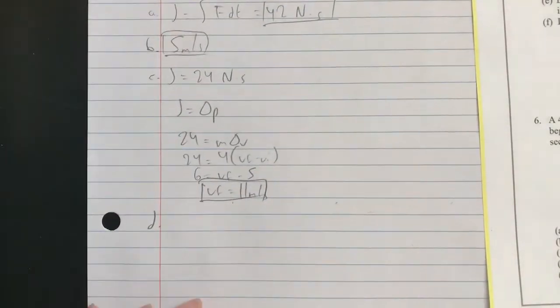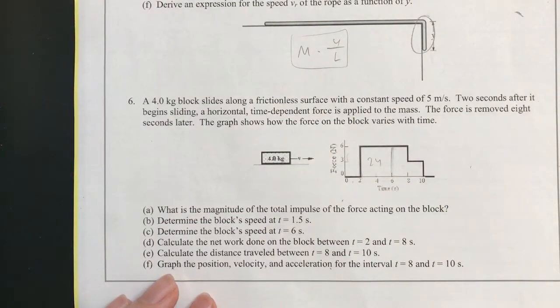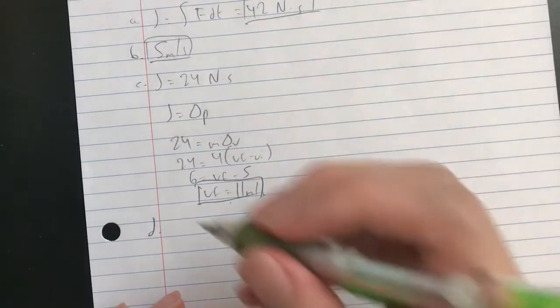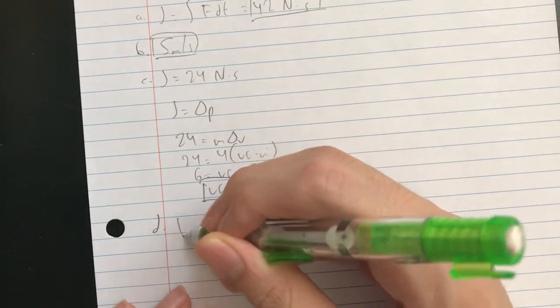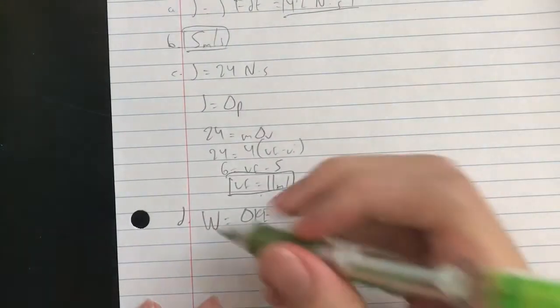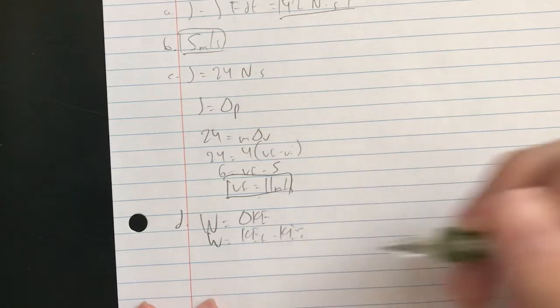Okay, part D. Calculate the net work done on the block between 2 and 8 seconds. So net work done, we can find that through work equals change in kinetic energy. Work equals KEf minus KEi.